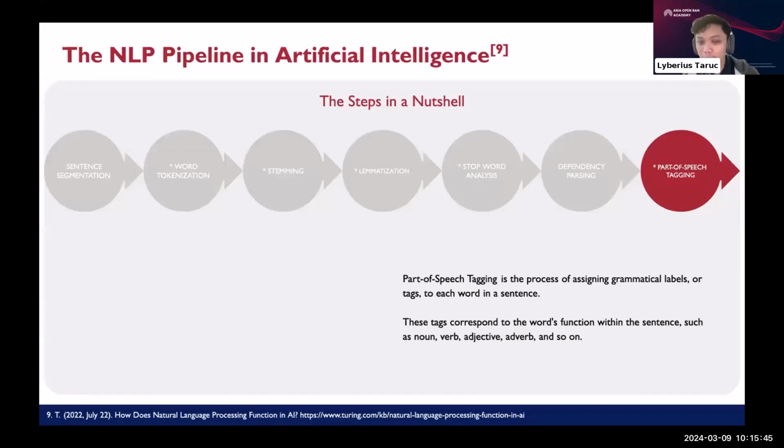So these tags correspond to the word's function within the sentence. If stemming is more related to what the word is about, part of speech tagging is more about how the word is used in the sentence. So what I tell you, NLP is also a linguistics 101 course. Such as the noun, the verb, the adverb, adjective, and so on.